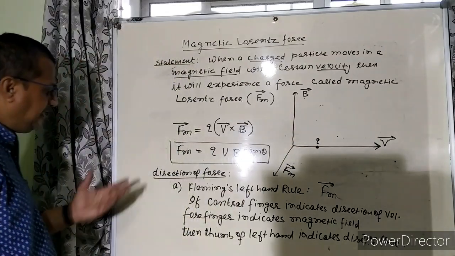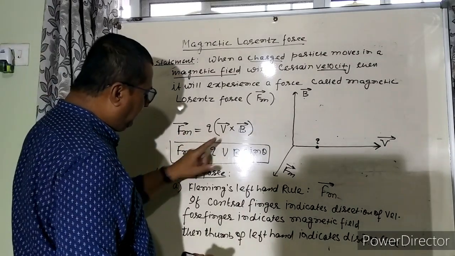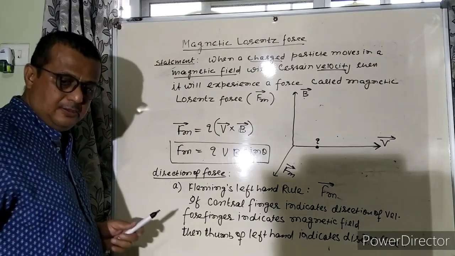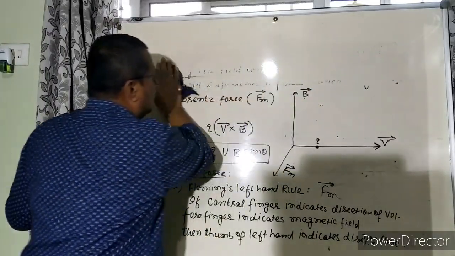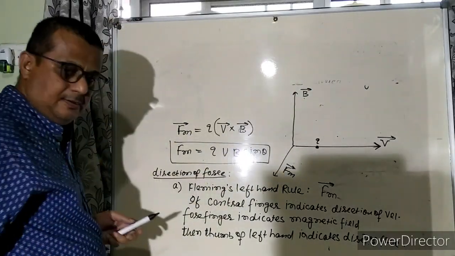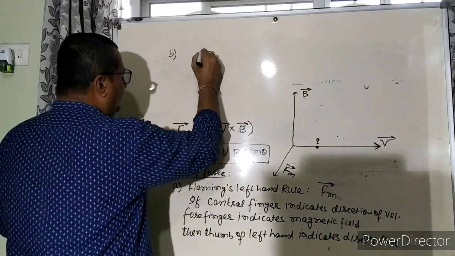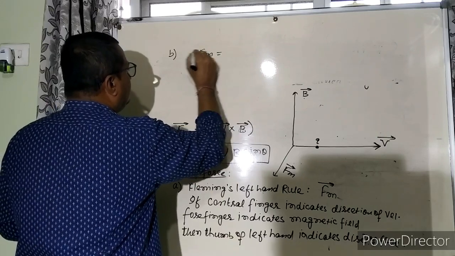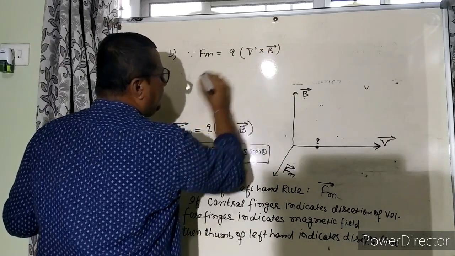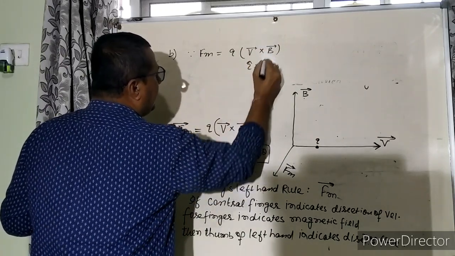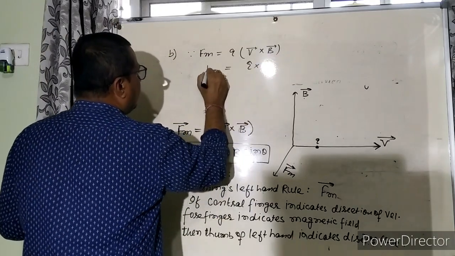We can also find the direction using the cross product. The direction of Fm is equal to q V cross B. Here V is in the direction of i cap, magnetic field is in the direction of j cap, then certainly i cross j equals k cap.